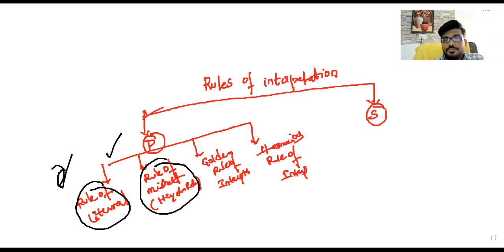After that, the rule of mischief, Heydon's rule. Whenever a law is prepared, if there is any loophole in that particular law, what is that loophole? What was the previous act, and what is the loophole in that act?